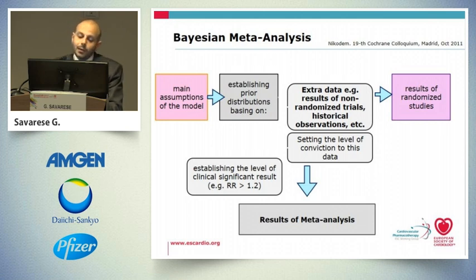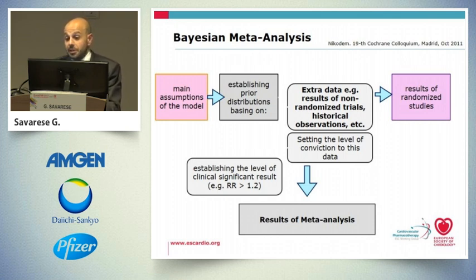So we can take into account some a priori information. Then we can also decide not to have one as cutoff to divide a significant result from a not significant result, meaning one in risk ratio or odds ratio, whatever. But for example, we can establish that we will consider our treatment having an efficacy just, for example, if the relative risk is more than 1.2.